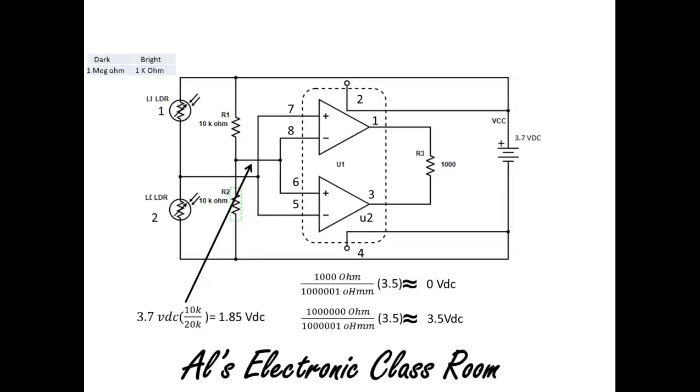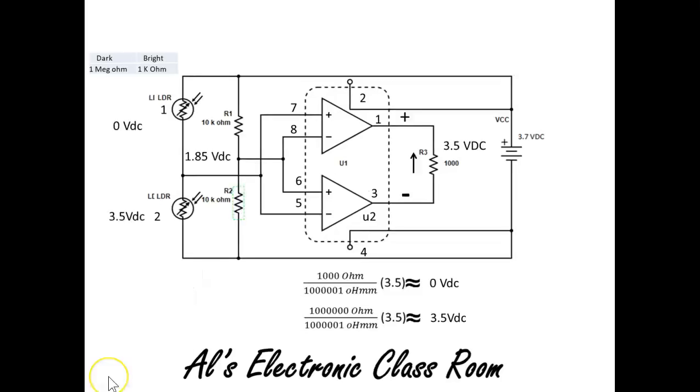So it would go from 0 volts across the LDR to 3.5, and 3.5 to 0. On the next slide, we're going to look at the states and go through it.